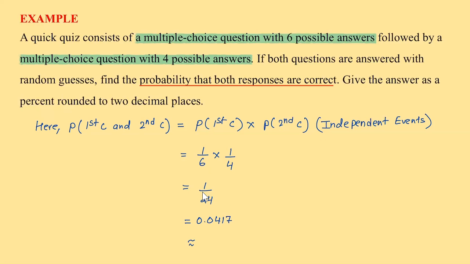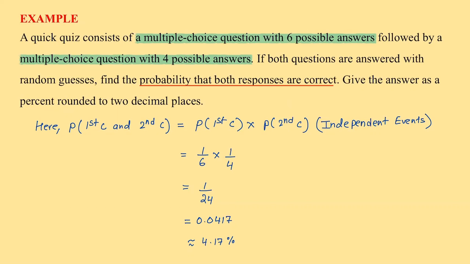And the question asks us to change that answer to a percentage. So in order to change this to a percentage, we multiply by 100. So it will be 4.17%. So the probability of answering both questions correct is 4.17% only.